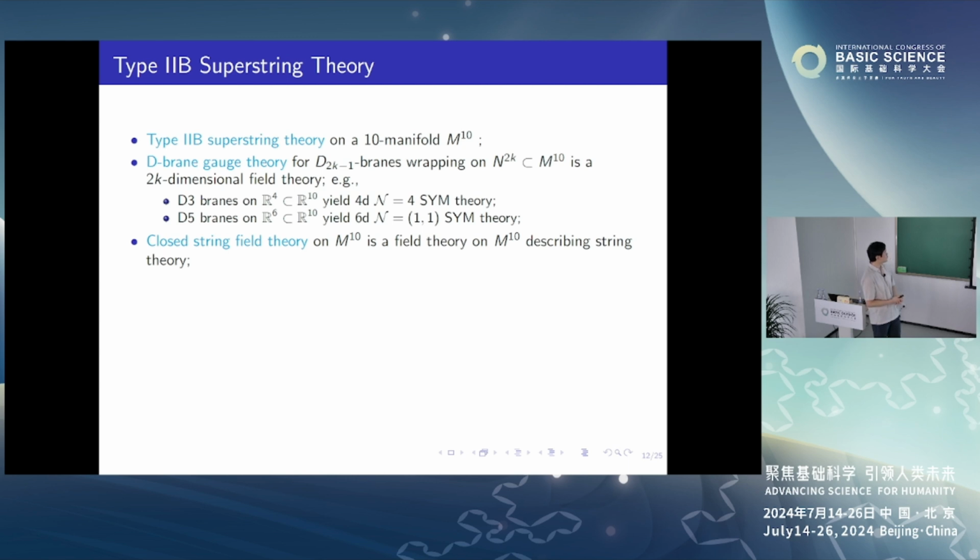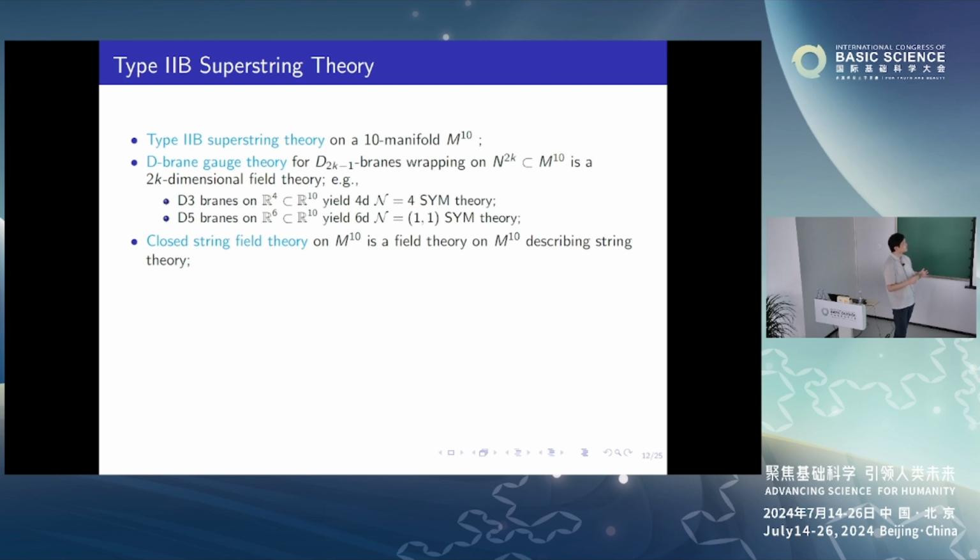Another thing that plays a role for us is what is called the closed string field theory. This is a field theory, but it may be a little confusing because I didn't quite explain much. When I say string theory on a 10-manifold, the input data involves Riemann surfaces and so on.